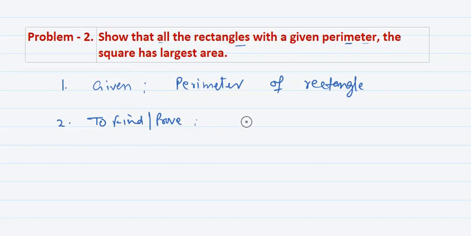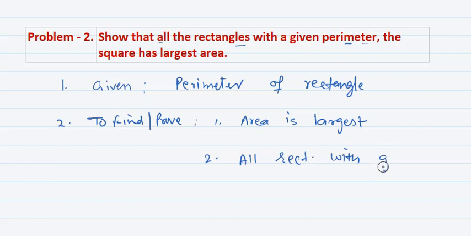Number one, area is largest. And number two, all rectangles with given perimeter are squares. Okay, so number one, area is largest.